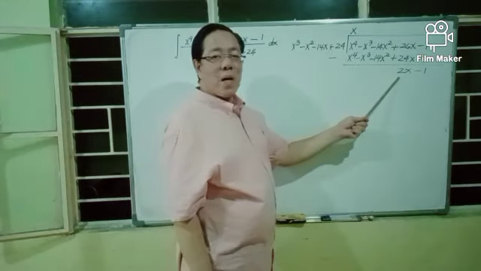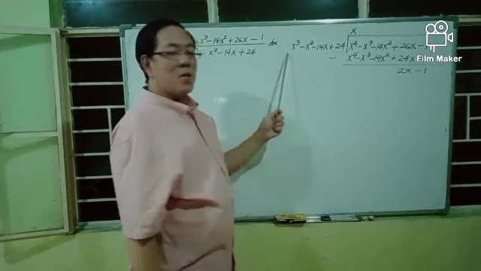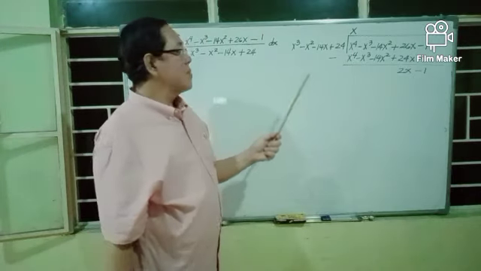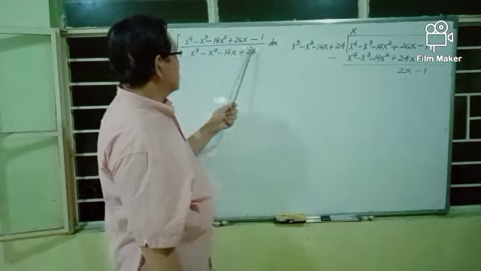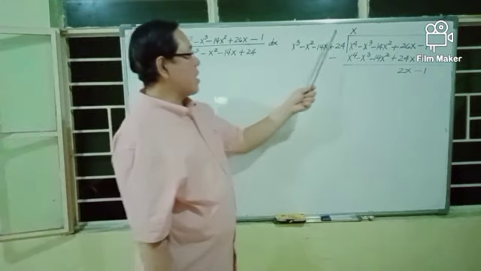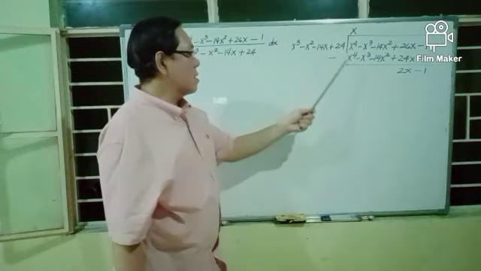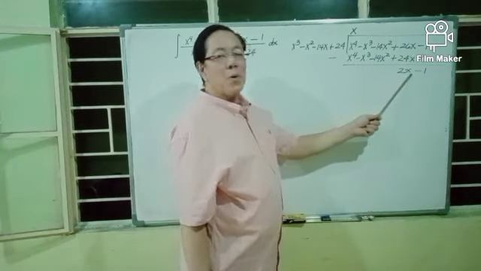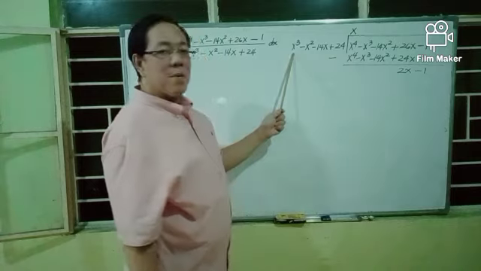Since we cannot divide 2x by x cubed, we are done with the division. And this rational expression can be written as x, the quotient, plus the remainder 2x minus 1 over the divisor.